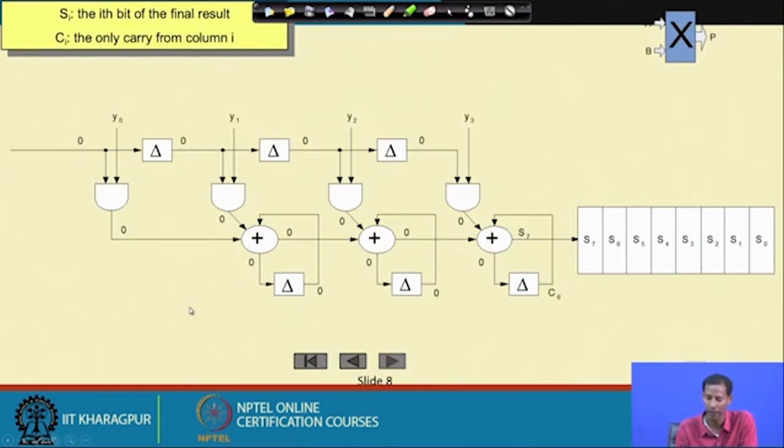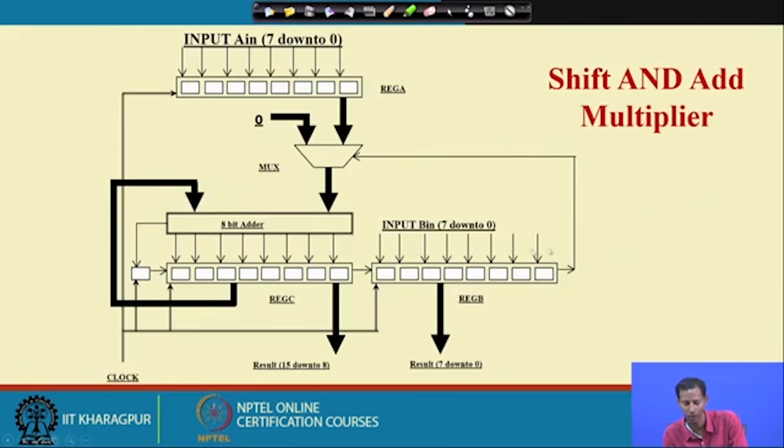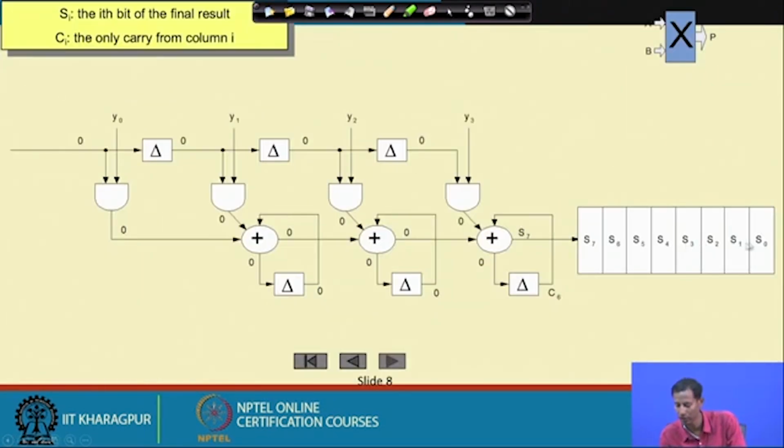In this manner, S0 will be shifted, and the next one will come over here. If I just go back, this is nothing but a shift register. Initially we started with S0. In the next, S1 comes, so S0 shifts over here, S1 fills there. Then in the next, S2 over here, S1 over here, S0 over here.